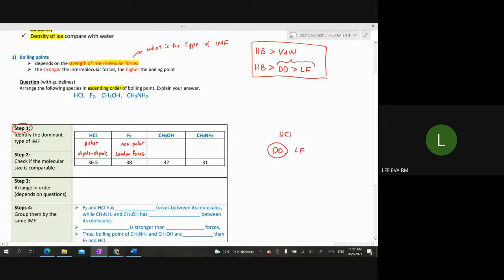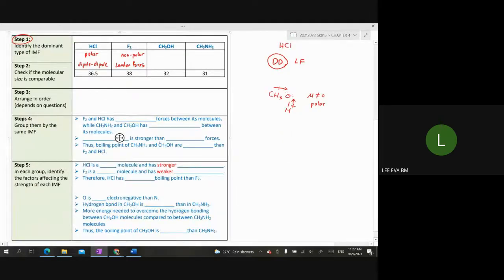Okay, number 3, CH3OH. Is it polar or non-polar? Polar juga kan, sebab dia punya structure, Madam letak dia macam satu structure lebih kurang sama macam water, tapi salah satu hydrogen kita gantikan dengan CH3. The polar arrow points towards the more electronegative oxygen. Therefore the resultant dipole moment is not equal to 0, and therefore CH3OH is a polar molecule.